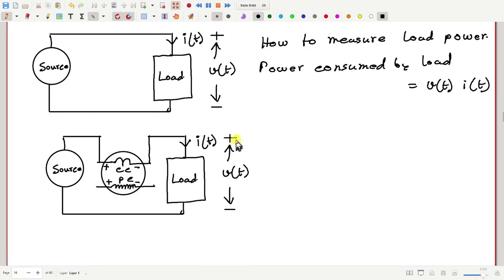I want to measure the voltage of upper side with respect to lower side. So therefore, let me connect the minus terminal below and plus terminal above. You may connect like this. So that's how to connect a wattmeter.